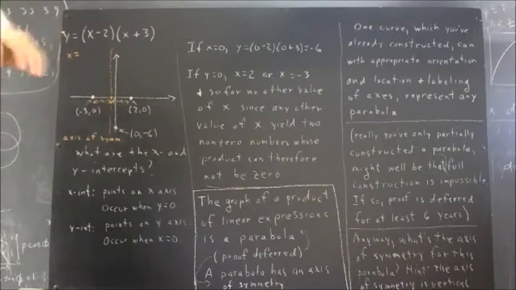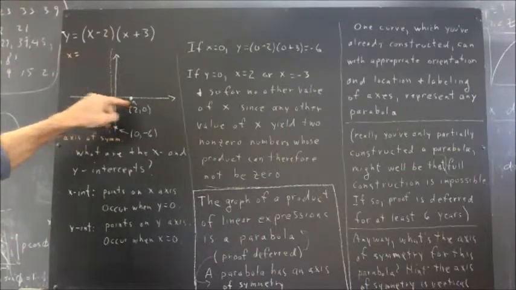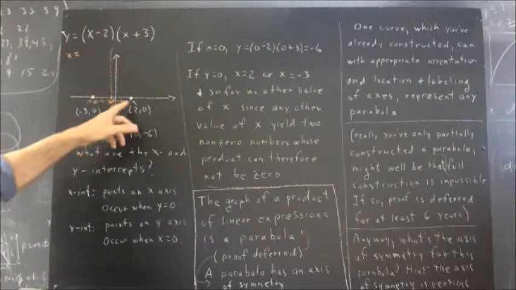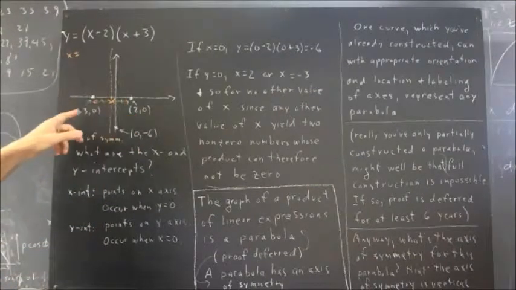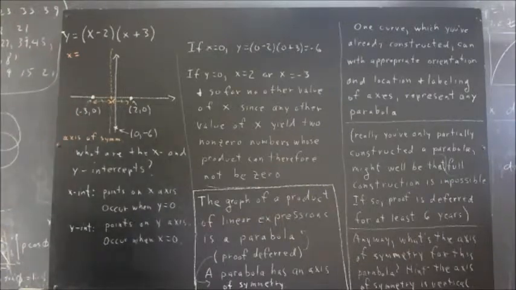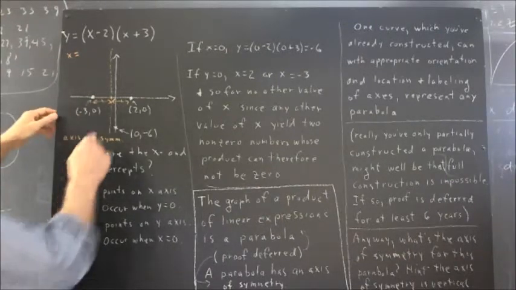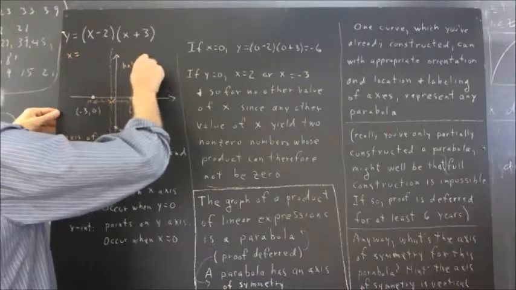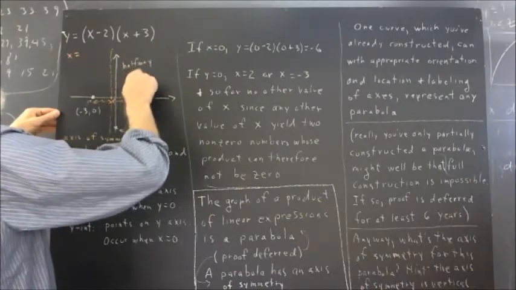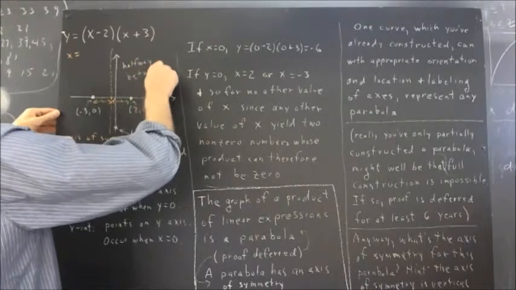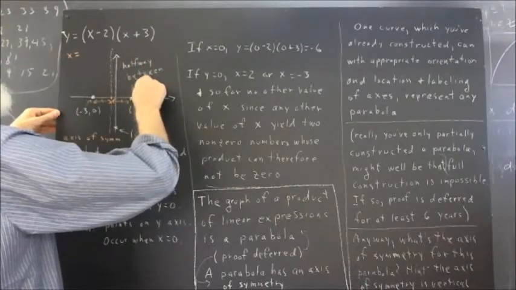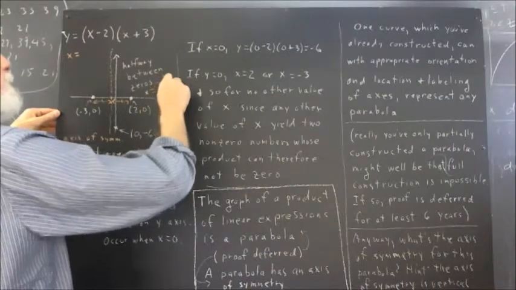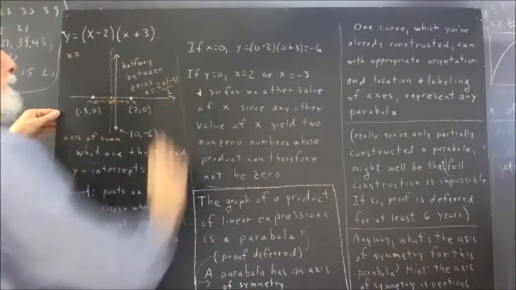Okay, well, back to the thing. The axis of symmetry is halfway between these points, so what's the coordinate here? Well, halfway between x-coordinate 2 and x-coordinate negative 3, what's the x-coordinate? Halfway between the zeros, x equals 2 plus negative 3 divided by 2.